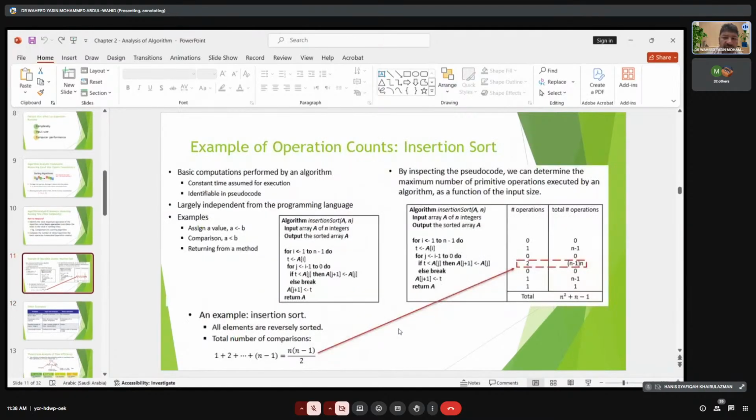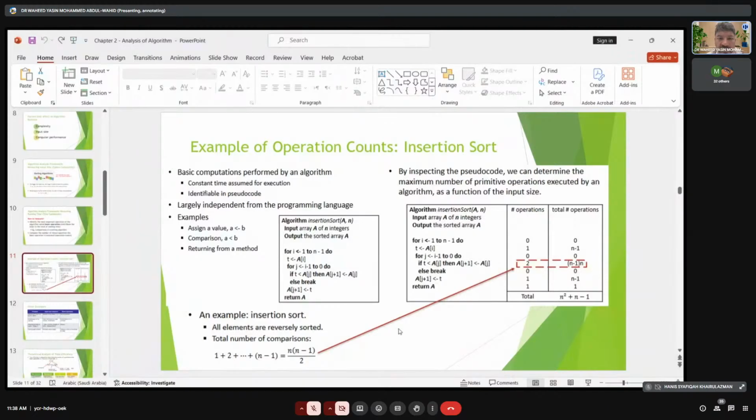Example of operation counts: insertion sort. A basic computation performed by an algorithm, assumed to execute in constant time, identifiable in procedure code, and largely independent of the programming language. Examples: assigning a value, a = b; comparison, a < b; returning from a method.